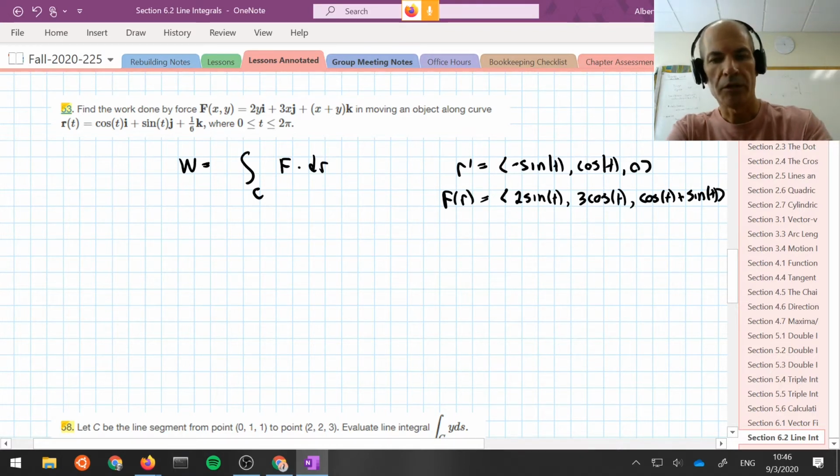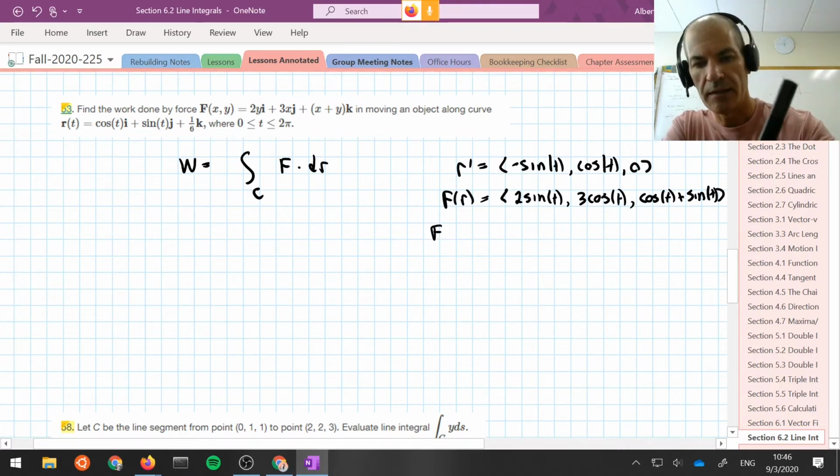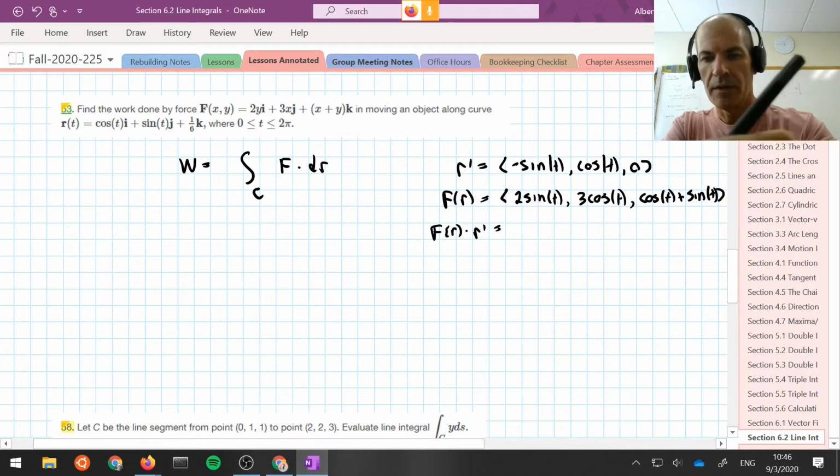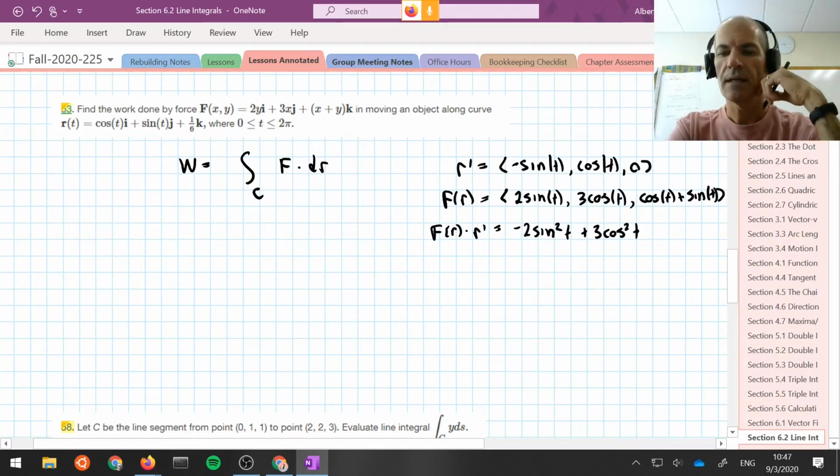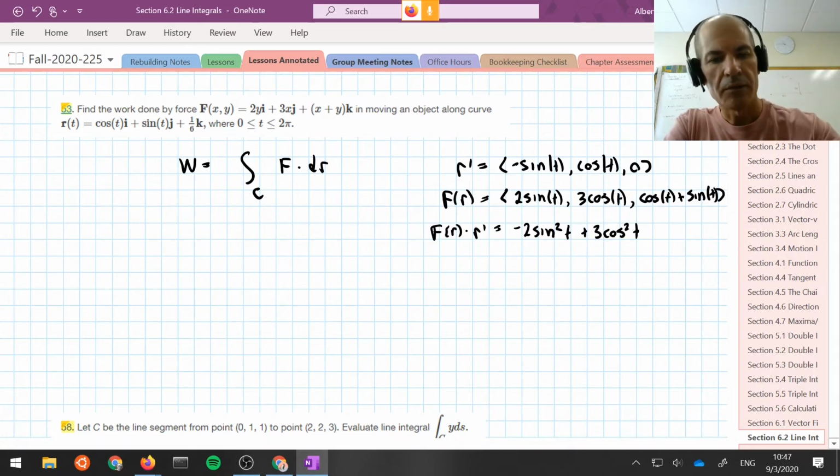All right, what do we do next? We want F dot dr, F of r dot r prime. So we get -2 sine squared t plus 3 cosine squared t, and that last term goes away because of the 0 in the r prime. All right, we're ready to build the integral.